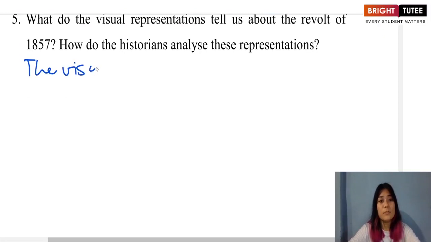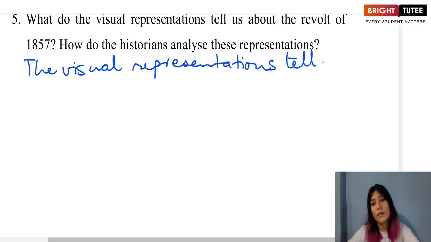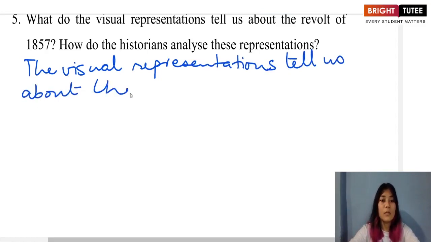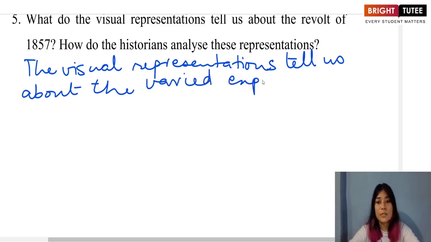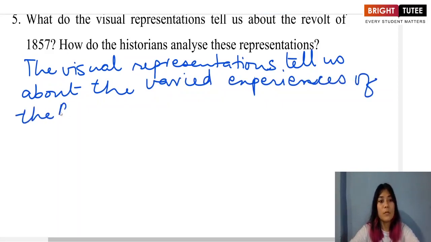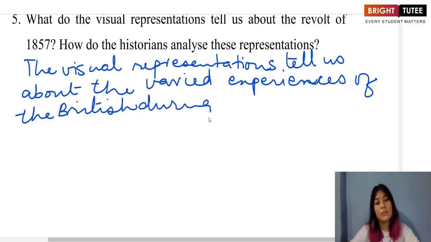The visual representations tell us about the varied experiences of the British during the revolt.